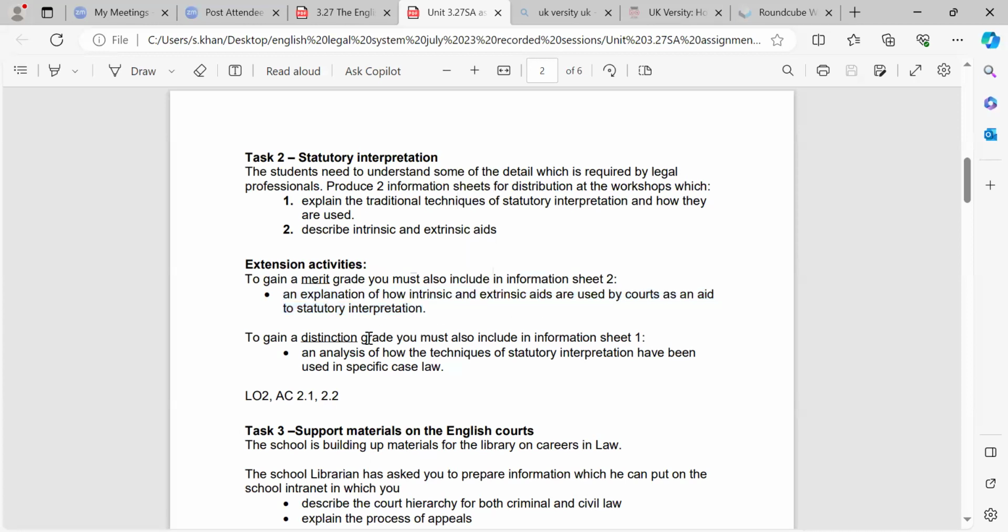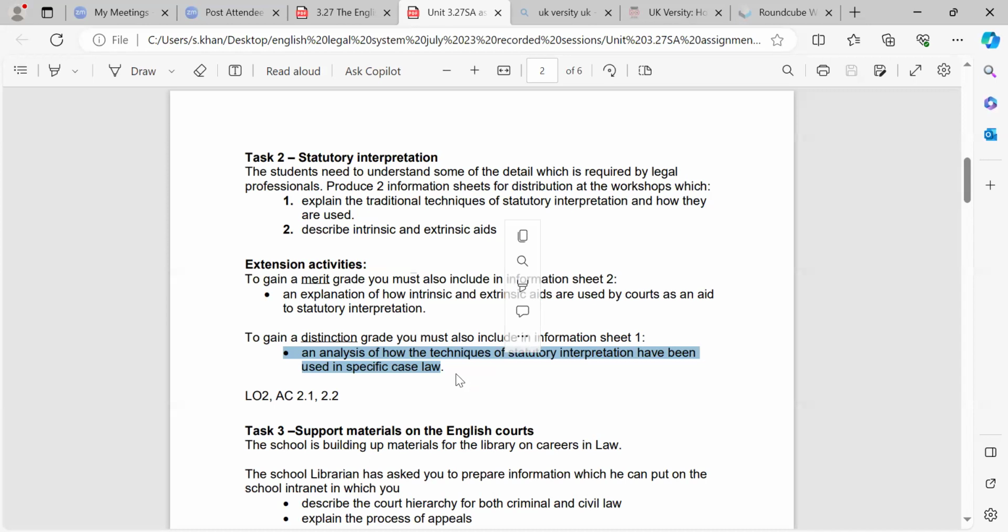Now, in task 2, if you want to gain a distinction grade, you must also include in information sheet 1, because you are producing 2 information sheets, an analysis of how the techniques of statutory interpretation have been used in a specific case law.